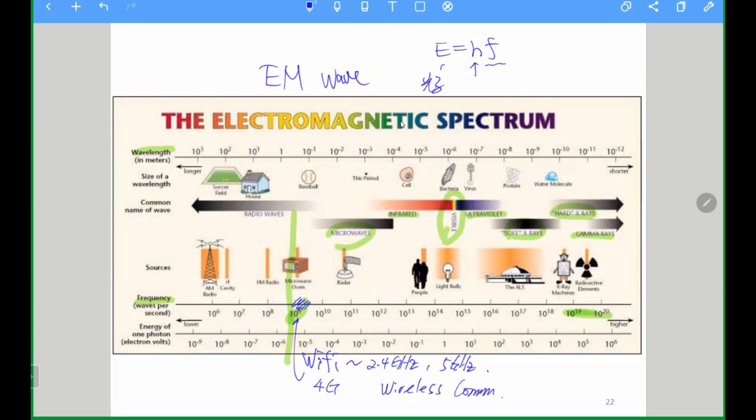And even for higher, up to tens of gigahertz, the 5G, the 5th generation communication will try to use these parts. Something called a millimeter wave.